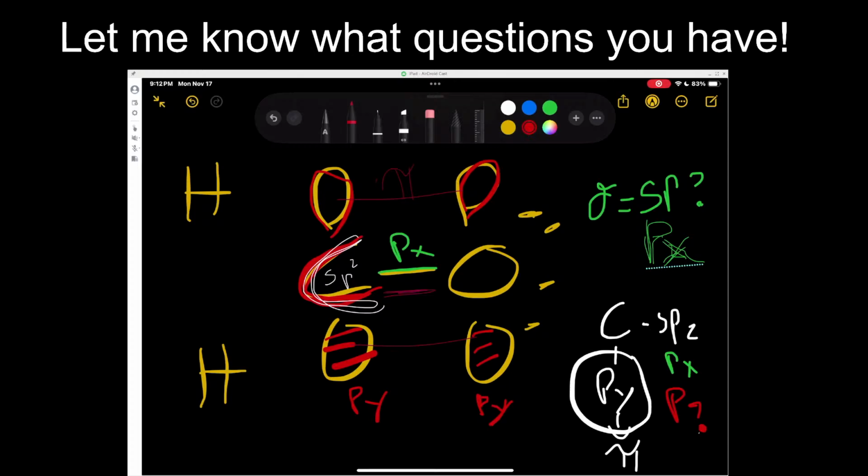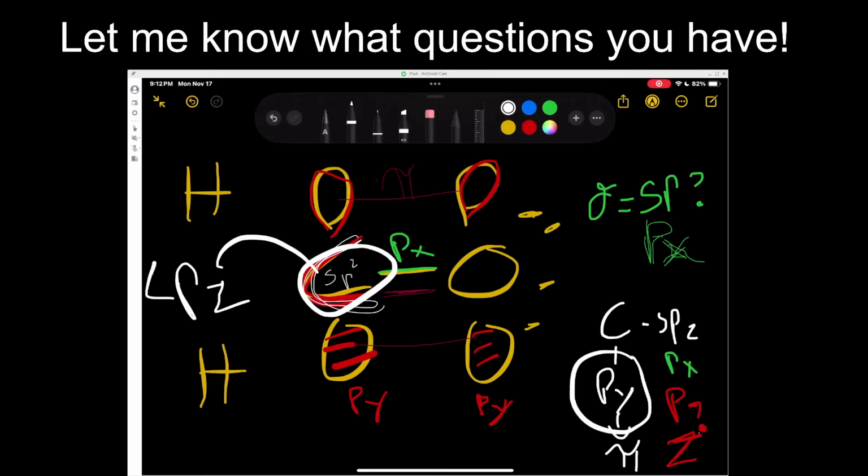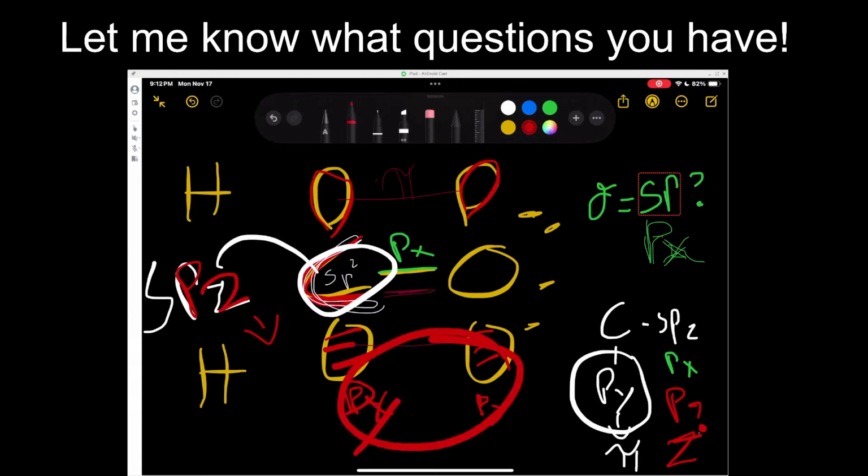I'm thinking about the 3 p orbitals, py, px, and the missing one, the question mark one, is pz. And so I'm starting to say that the p2 in sp2, my focus is on what 2 p's. If I'm using a py to form a pi bond, I must be using px and pz in these.